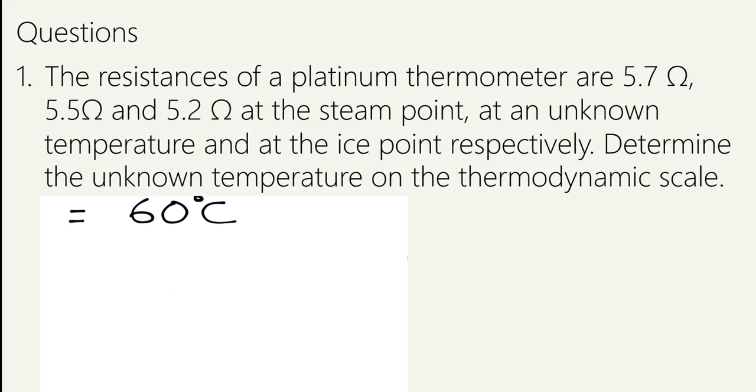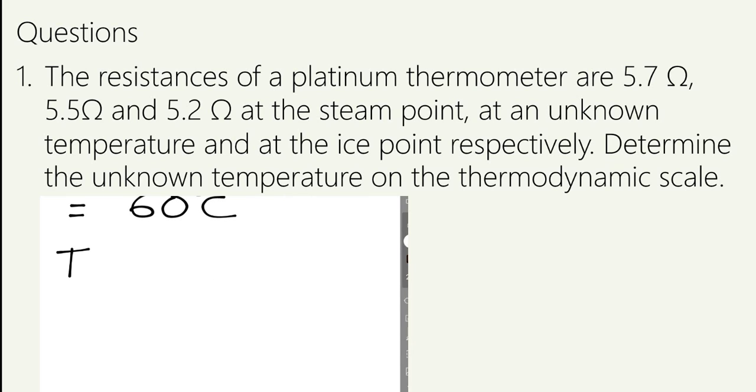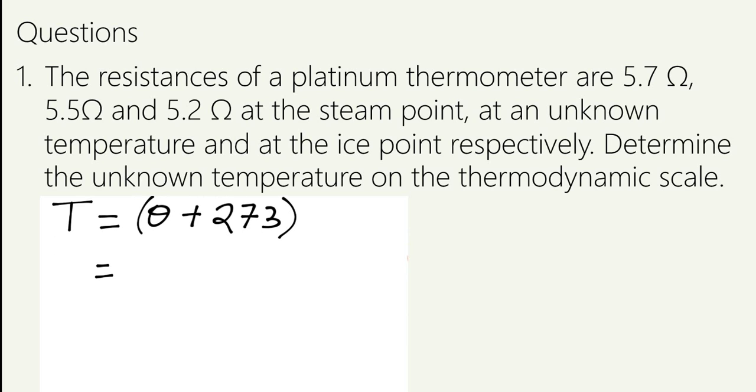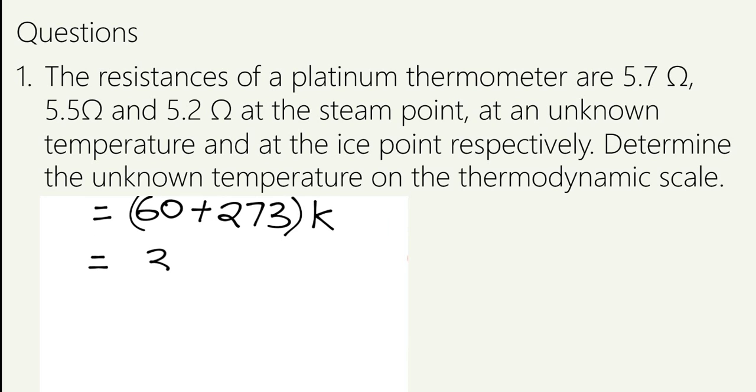But the question said, determine the unknown temperature on the thermodynamic scale. So on the thermodynamic scale, we know that the temperature capital T should be equal to theta in degrees Celsius plus 273. So let us add. We are going to have 60 plus 273, and whatever we get should be in Kelvin, and we end up with 333 Kelvin.